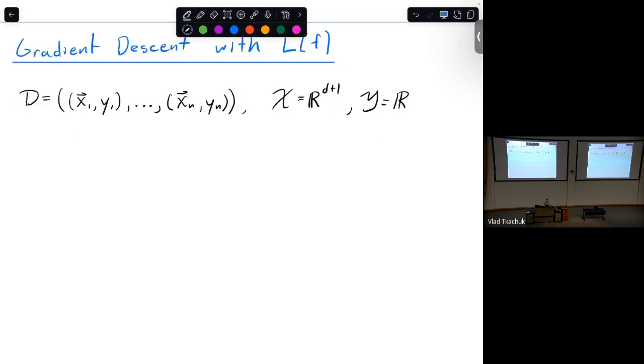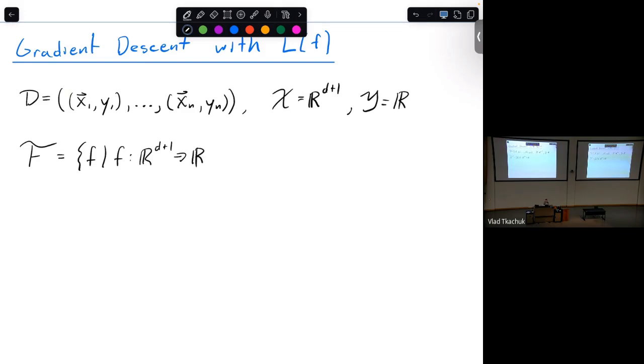Let me remind you what our function class was. Our function class was all linear functions, which looked like this. These functions map from R^(d+1), vectors, these are your features, there are d features and you add the 1 for the 0th index, to R, which is the labels.